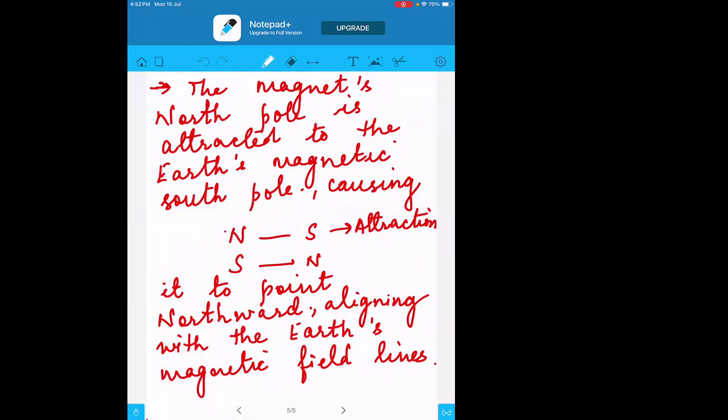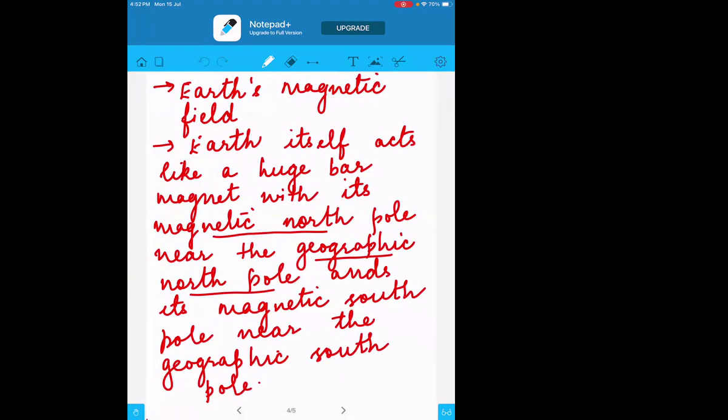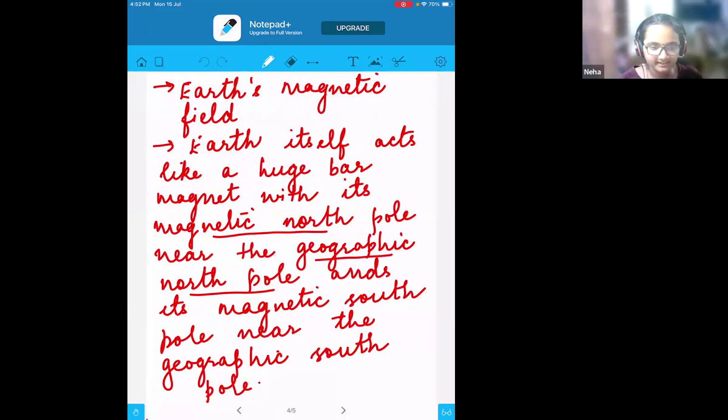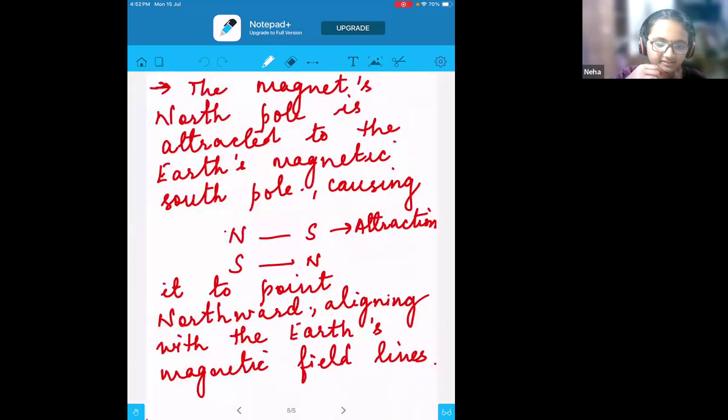Clear? Neha, understood? Here in this paragraph, they're talking only about the Earth's bar magnet, not any other magnet.